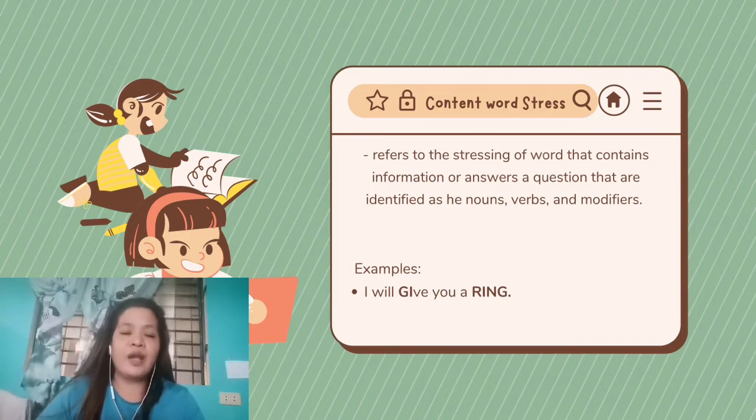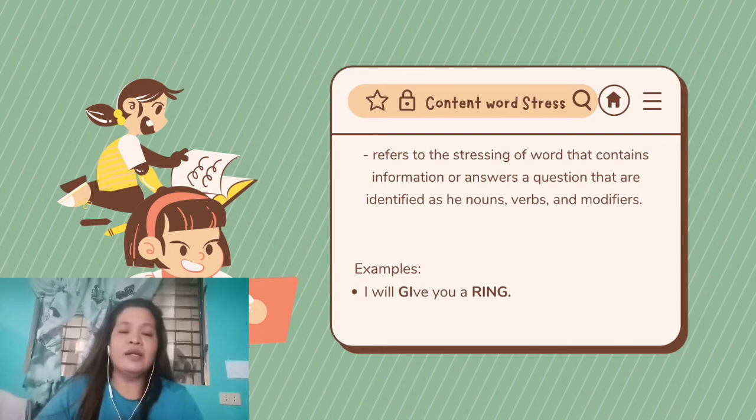Example, I will give you a ring. I will give you a ring. The stress is give. Give. I will give you a ring. You want to give and a ring.